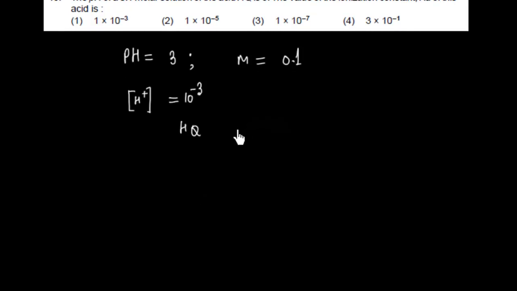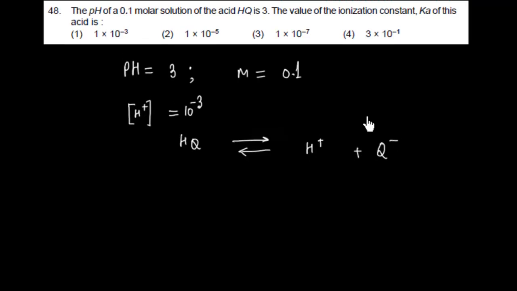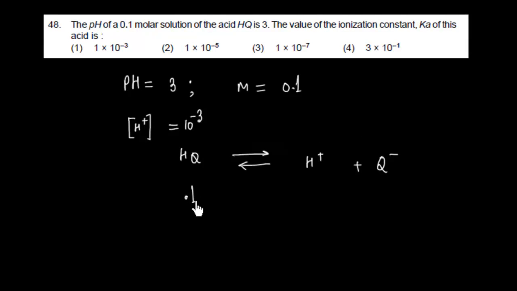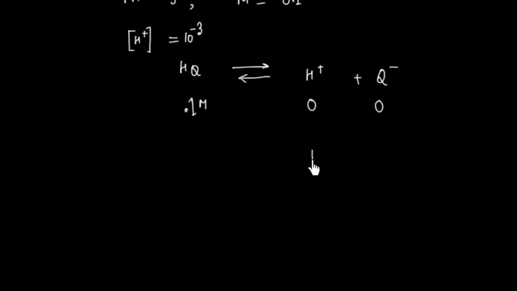Now this is very easy to do. HQ is a weak acid, and it will dissociate to form H plus and Q minus. Initially HQ is 0.1 M, and H plus and Q minus are 0. H plus is 10 to the power minus 3, so Q minus also has to be 10 to the power minus 3, and HQ will remain 0.1 minus 10 to the power minus 3, which is approximately equal to 0.1.